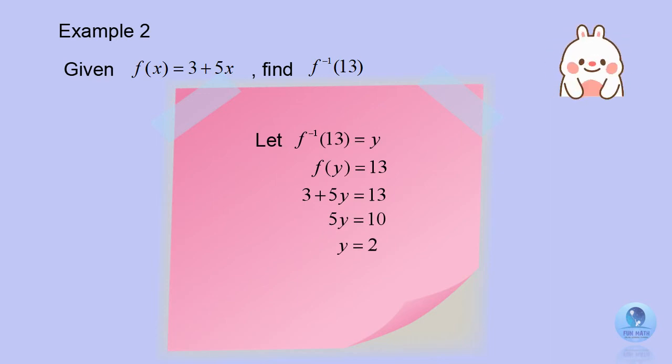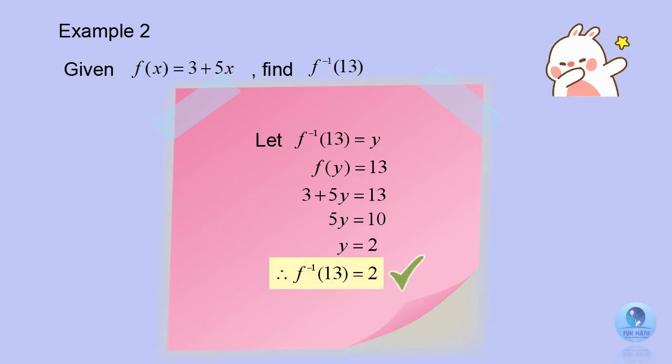And remember to write your final answer as f inverse of 13 equals 2. Alternatively, you can find f inverse of x and then substitute 13 into the inverse function and you will still get the same answer 2.